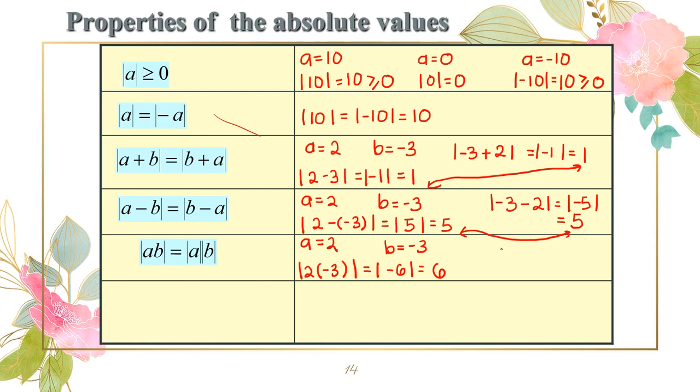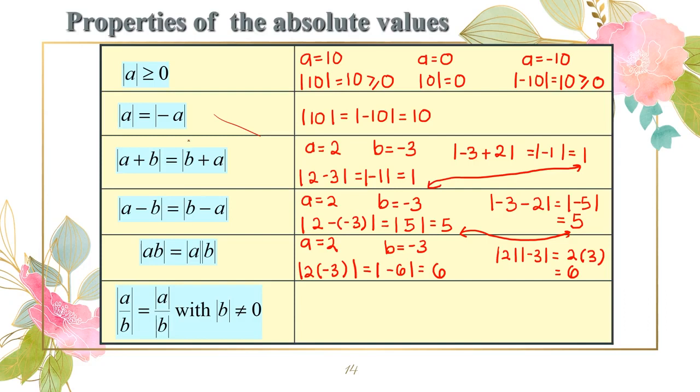Let's check if we take the absolute value of the integers one by one: the absolute value of 2, which is our a, and the absolute value of negative 3. So 2 times 3 also gives us 6. So it's proven to be equal even for multiplication.